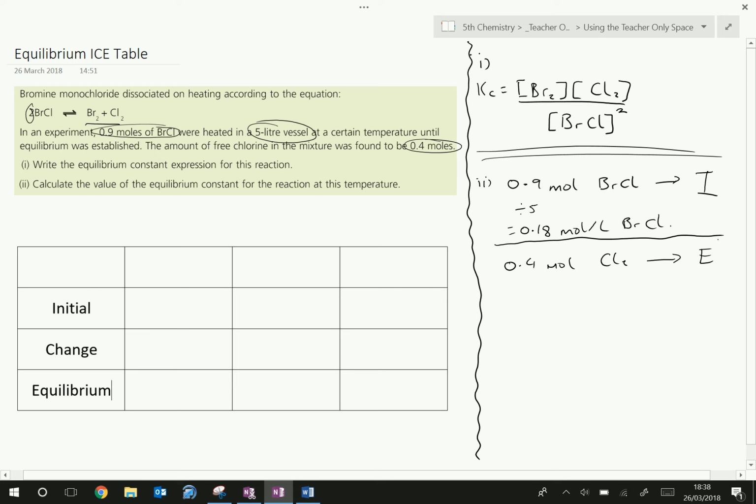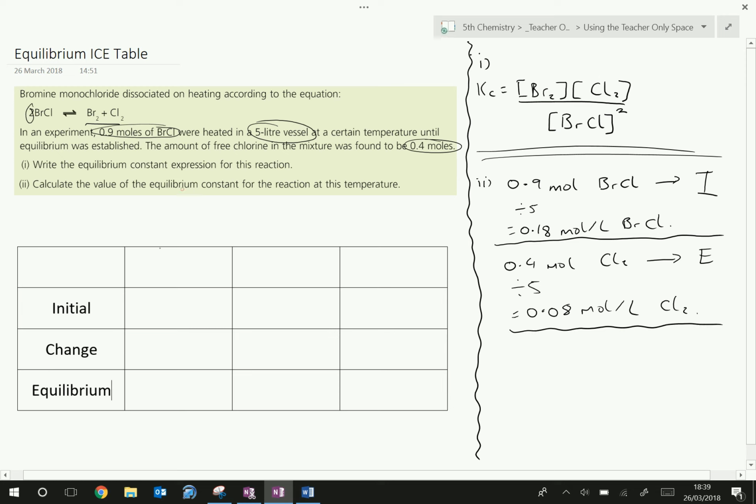But again, it's in the 5 litre vessel, so to get moles in 1 litre I need to divide it by 5, and 0.4 divided by 5 gives 0.08 moles per litre of Cl2. And that's everything I've been told, isn't it? It is. So now we're going to fill those into our ice table.